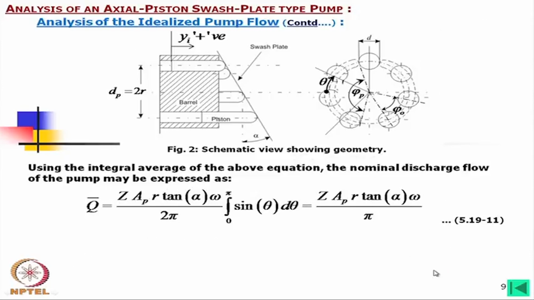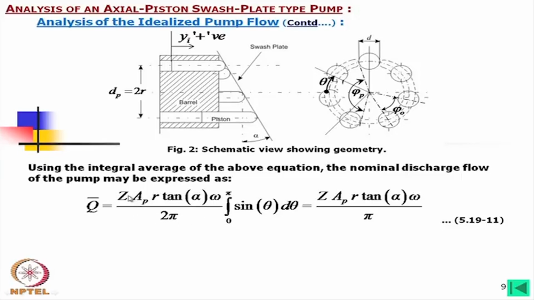Now, using the integral average of the above equation, the nominal discharge flow of the pump may be expressed as, instead of the summation sign, if we integrate, then what we find is that this is a constant part, because we are considering a fixed alpha and omega, that is the speed, which is also constant and not varying, and Z is the number of pistons.